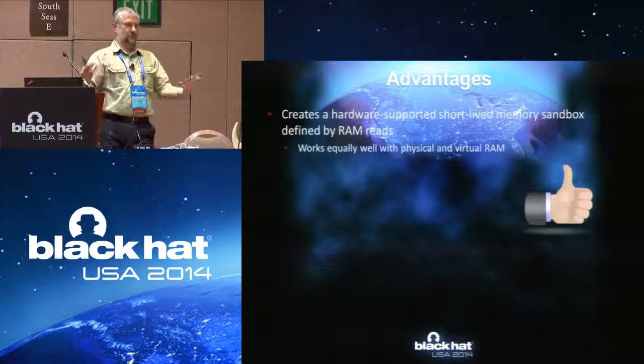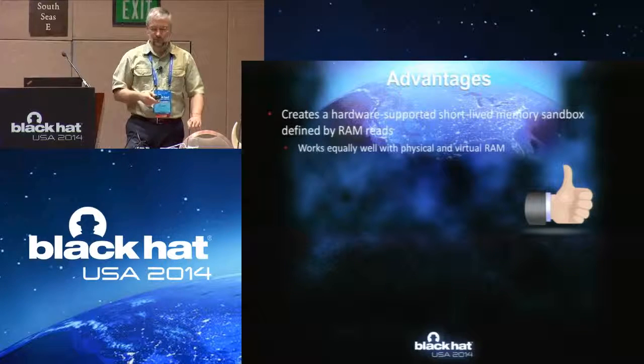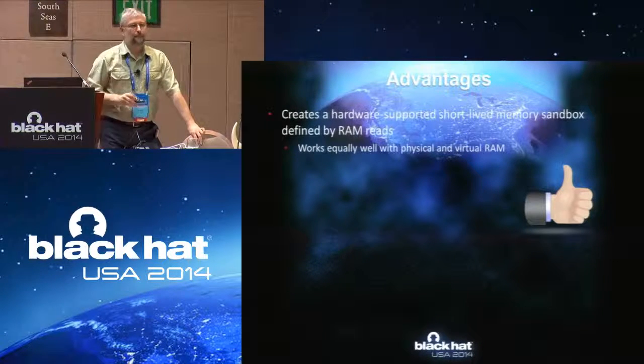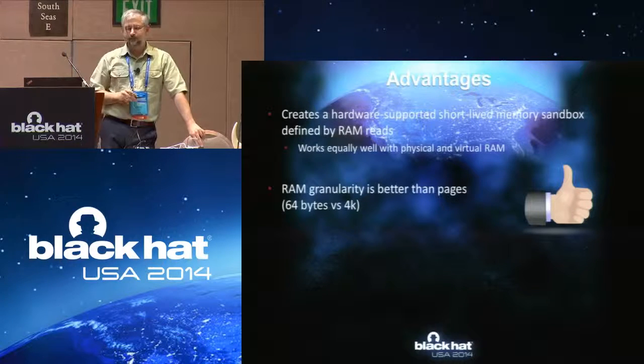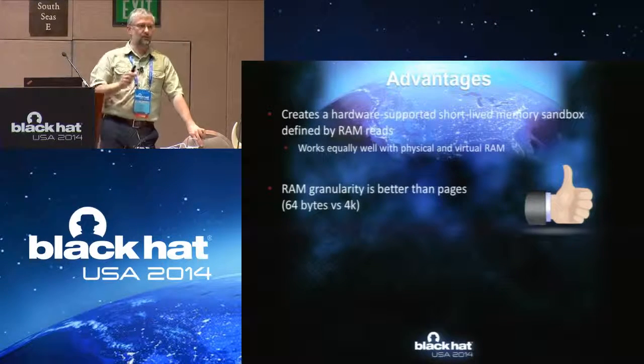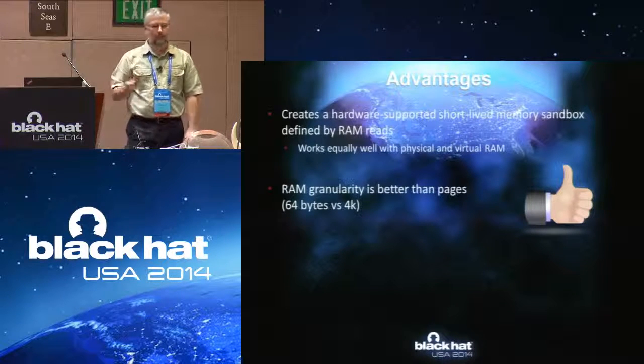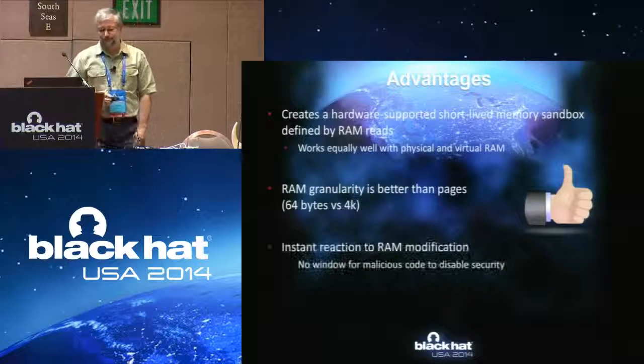And as soon as some suspected thread writes into any of these cache lines, a hardware-supported abort will happen. The granularity of protecting memory is 64 bytes, which is way, way better than page tables. 64 bytes versus 4 kilobytes.